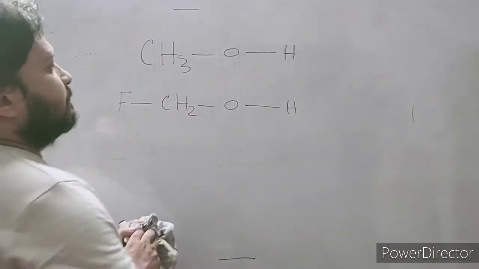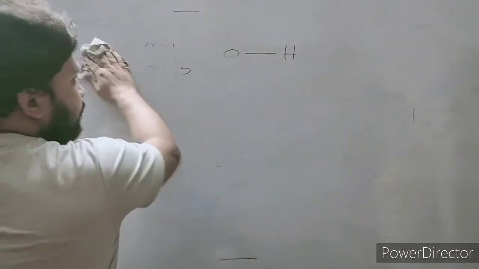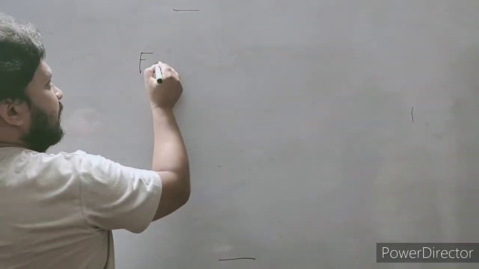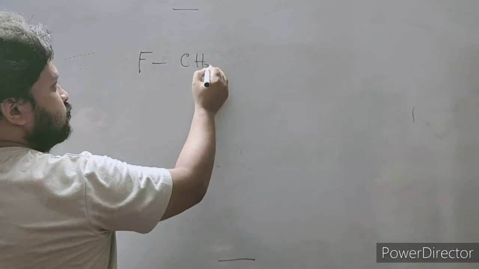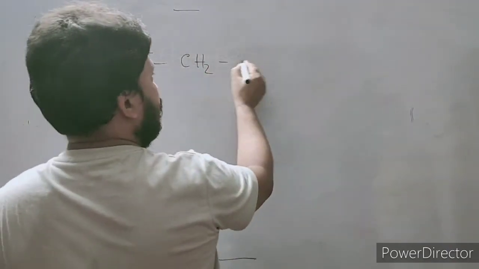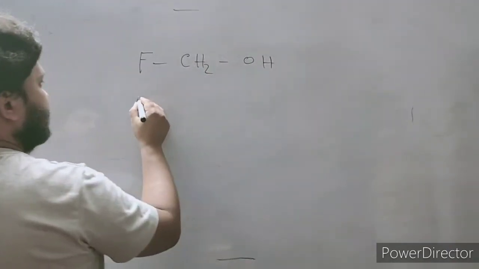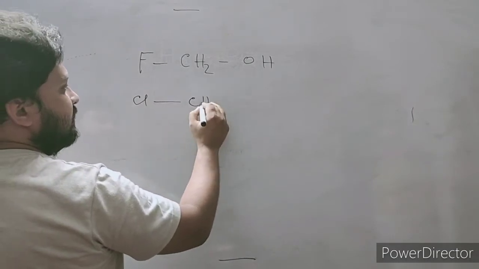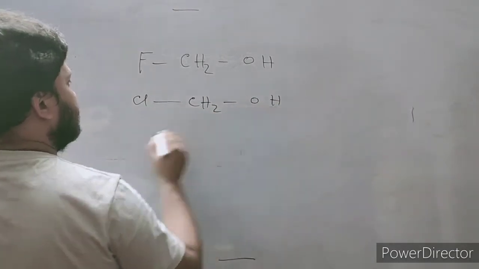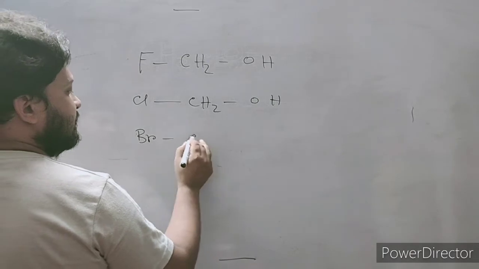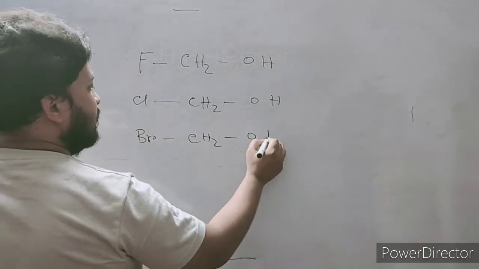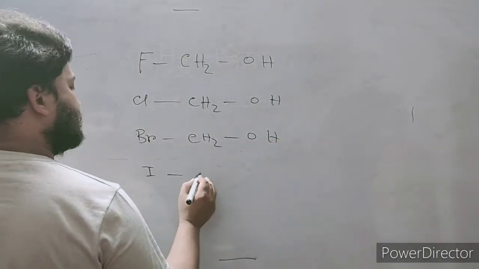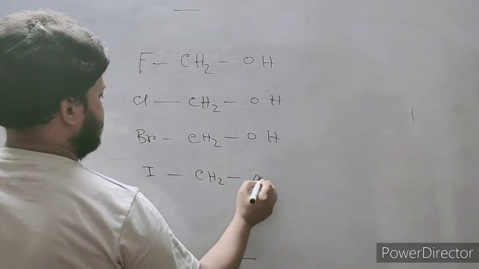Now take another example. You have fluorine CH2OH, and the second one Cl CH2OH, and the third one Br CH2OH, and the last one I CH2OH. That's all.